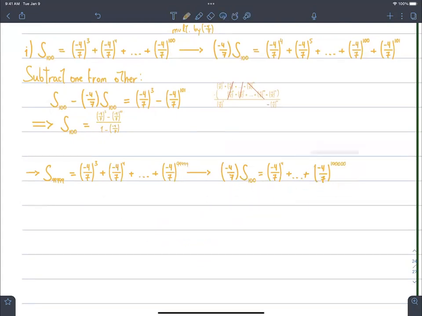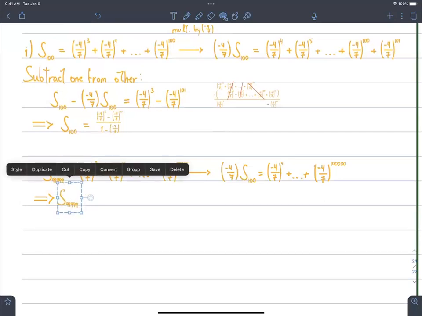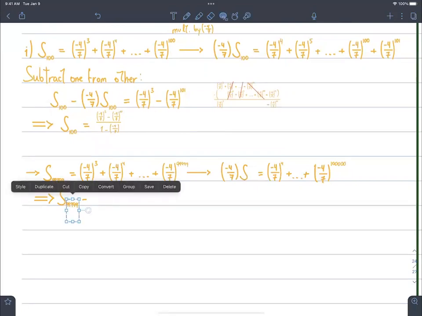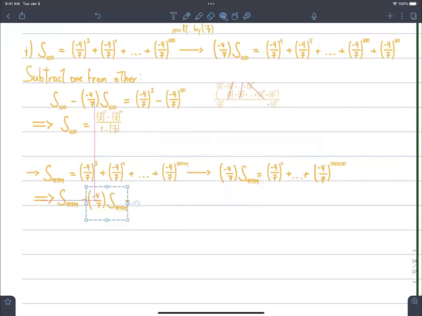And so when we subtract, we get this one minus this other one. Oh, look at that. I forgot the subindex here. And we subtract these two. And we're left with, once again, the initial term and the last term.